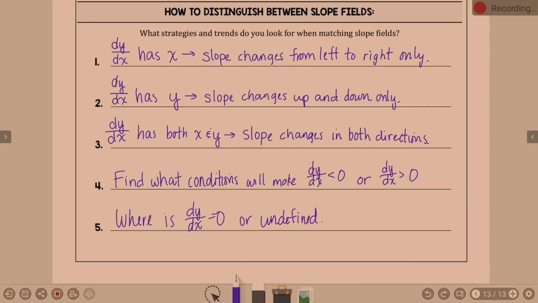And then I have 6 on mine that is just, you get desperate, just pick a point, like 1, 1. Plug 1, 1 in, see what happens. See if you get a slope that could be that same thing. So I have 6 here that's check specific points in each quadrant. And you can add things on the side that are important to you.